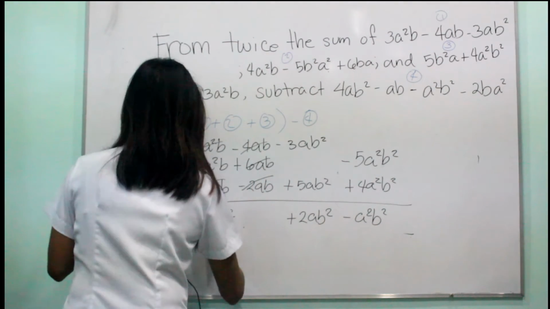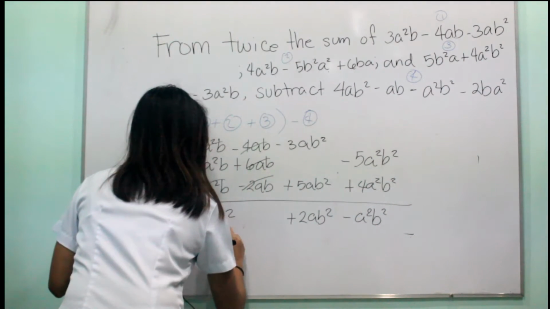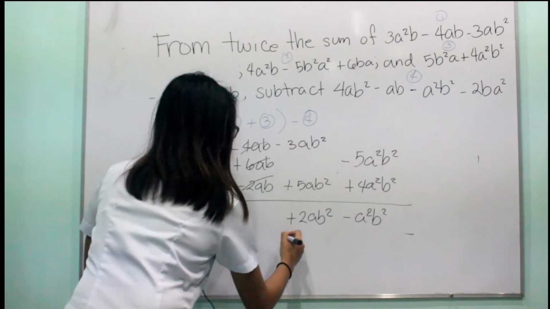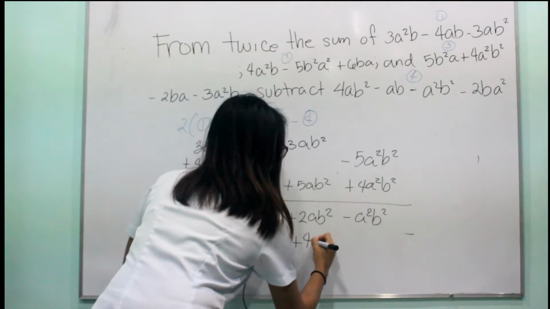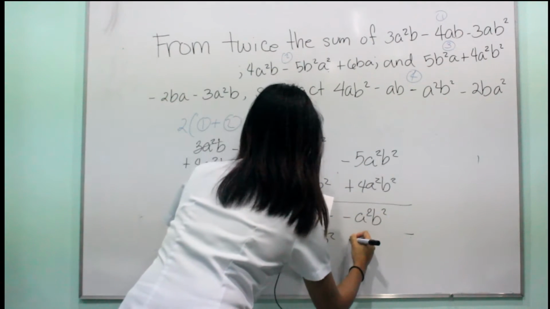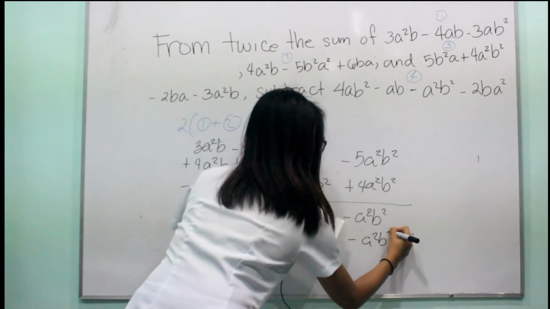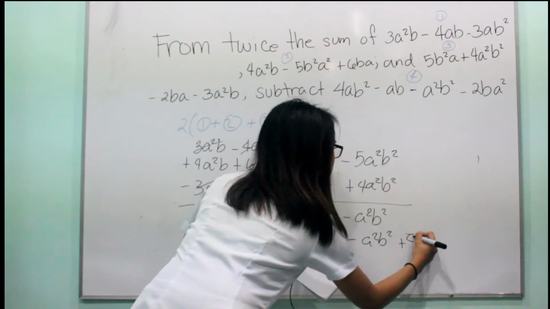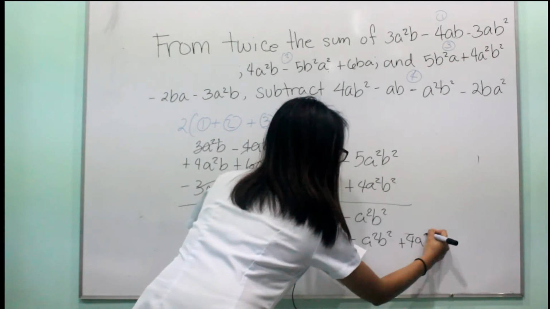So 2a squared b squared plus 4ab squared minus a squared b squared plus 4a squared b squared.